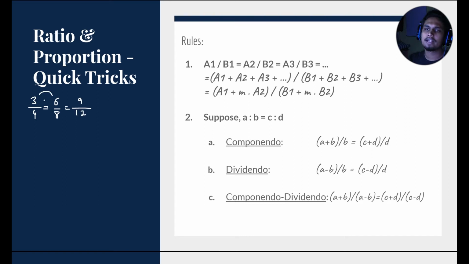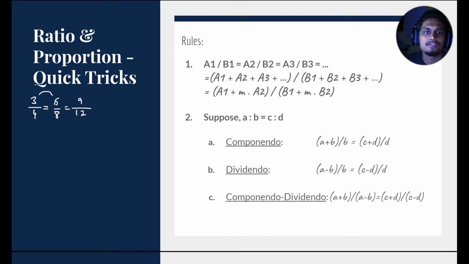If we observe this example, you will see that 3 by 4 is equal to 6 by 8. You can cancel by 2 and you will get 3 by 4. Again, 9 by 12, if we divide numerator and denominator by 3, you will get 3 by 4. So all the fractions are the same.